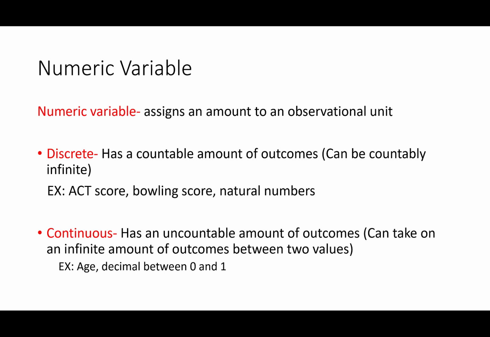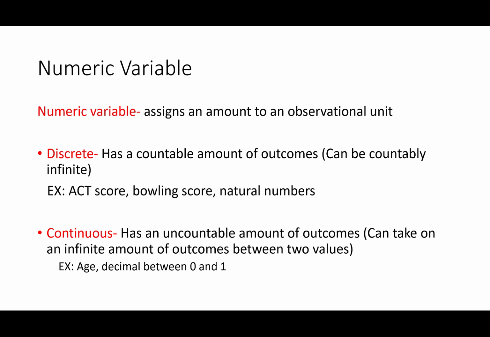Think of this more basically as a finite set of data. Technically, it can be countably infinite, which we'll talk about, but you can think of it as finite. Continuous has an uncountable amount of outcomes. Think of this as an infinite data set or a set of values.